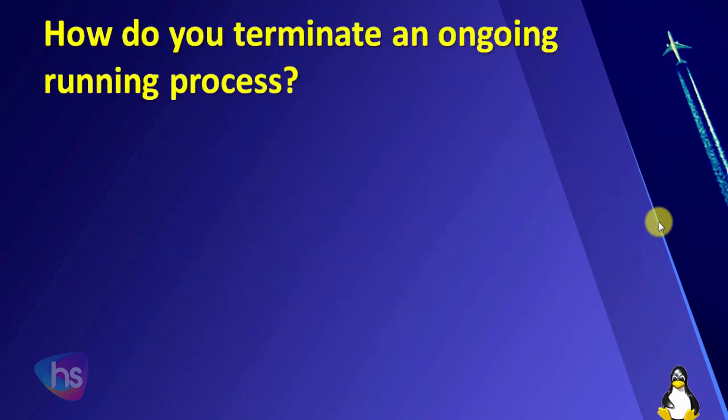Next, how do you terminate an ongoing running process? It's very important for Linux administrators and Linux users. For example, I am running an Apache web server, and it is getting an error or not giving the proper output I am expecting.